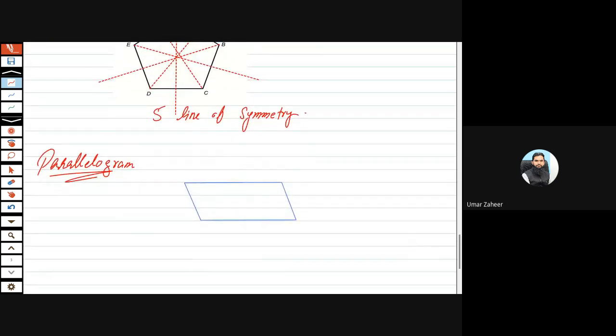Yes, in a parallelogram, 4? I don't think so. It has a single one, because if I make a line here, what if we make a line that is tilted, a diagonal? You're talking about a diagonal line. Yes. If I make a diagonal line, look here, the image of this one is going to be here on this side.